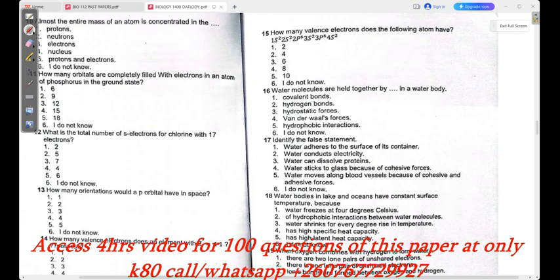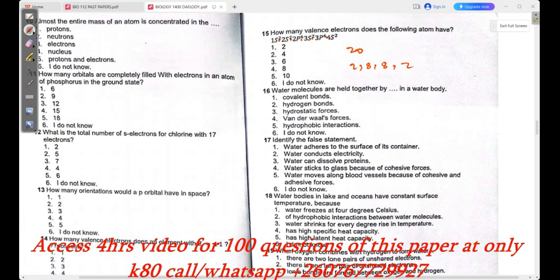Okay, so let's do that. I think that is going to be the easiest. So I have 2, 4, 4 plus 6 is 10, 12, 12 plus 6 will be 18, 20. So this has got 20. So that is 2, 8, 8, that is 8 plus 8, 16, 18, so another 2.